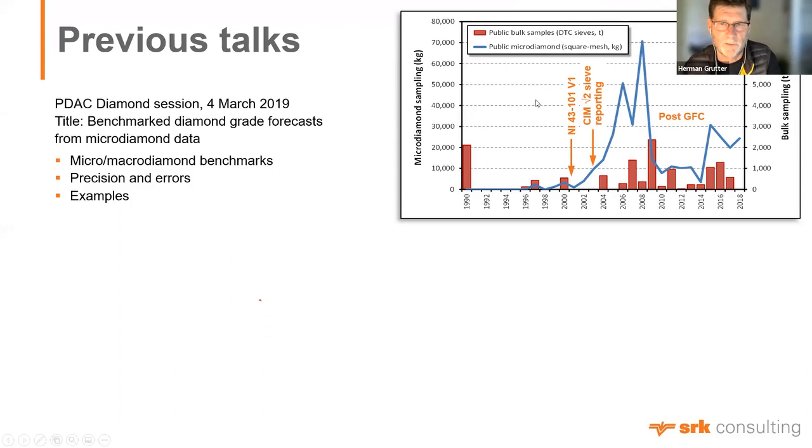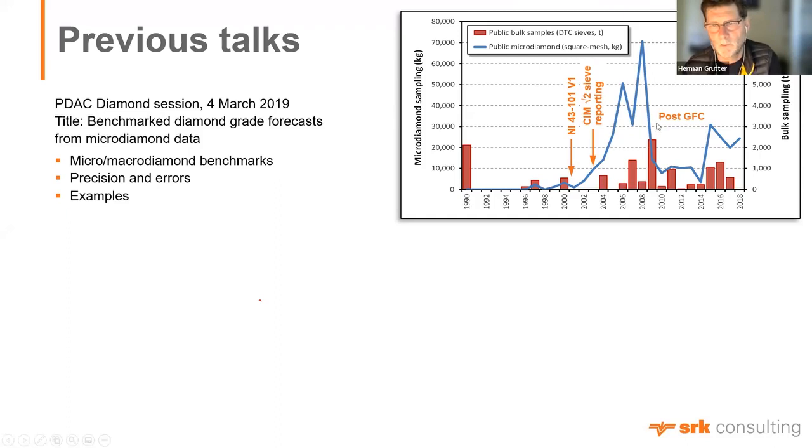And so as a result of these two events, the amount of microdiamond data that was being disclosed in the public domain in a standardized format, Route 2 sieve format, it just skyrocketed.